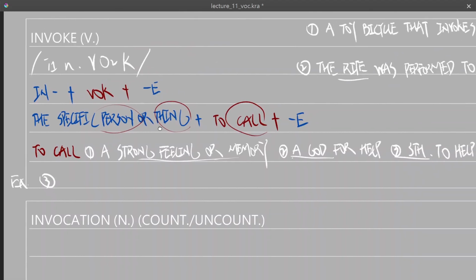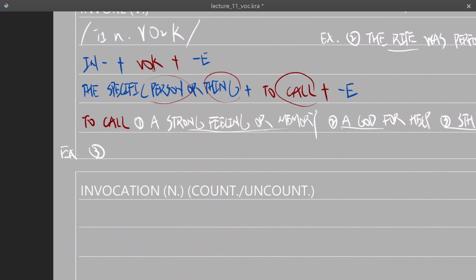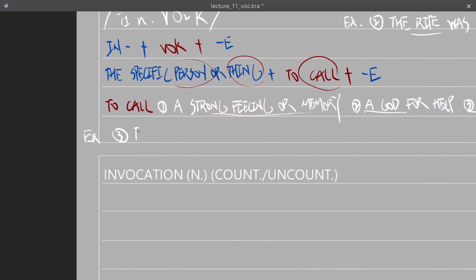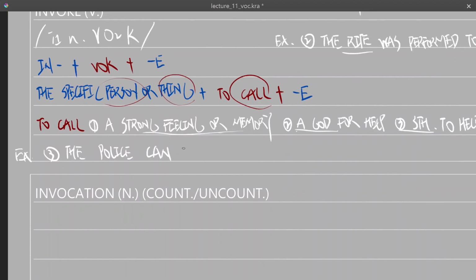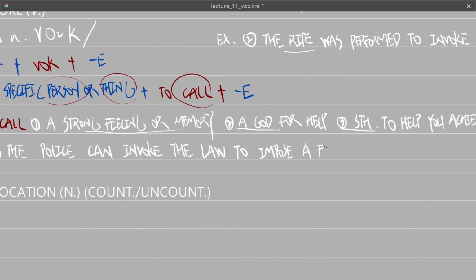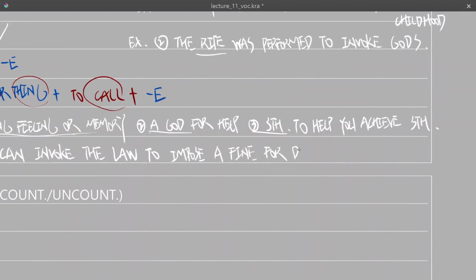For example, the police can invoke the law to impose a fine for drunk driving.